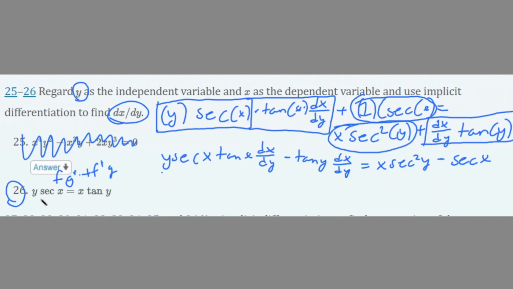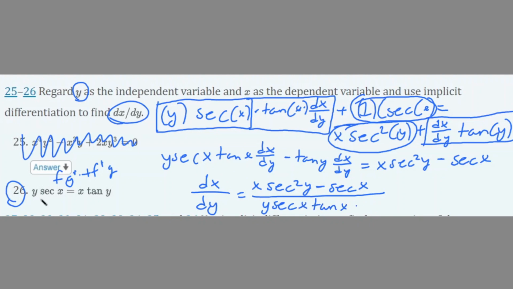So what we're going to do is divide on the left side by y secant x tan x minus tan y. So if we do that, our final answer will be dx/dy is equal to the numerator, which is x secant squared y minus secant x, over everything on the left side that wasn't dx/dy, which is going to be y secant x tan x minus tan y.